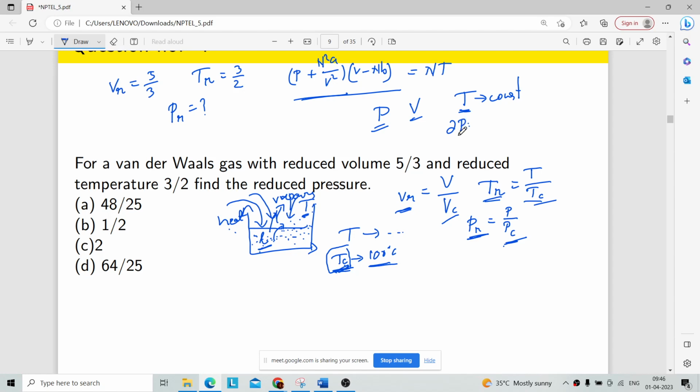That means if I keep on changing pressure with respect to volume, then it will hit some maxima. Let's say this is Pc and Vc. At this point, this function is at a maxima. That means this derivative will be 0, right?